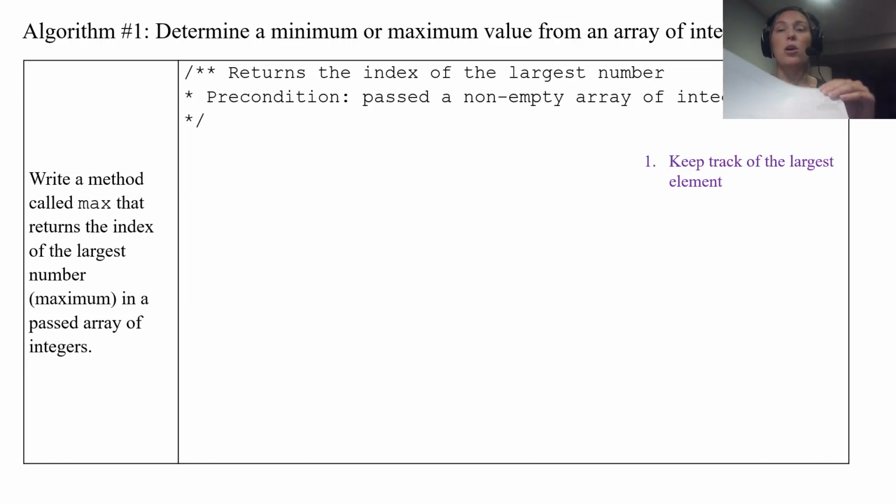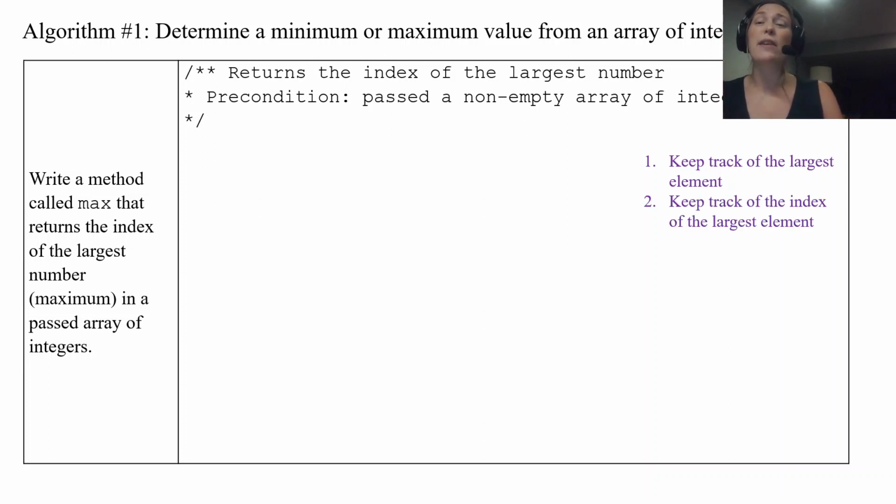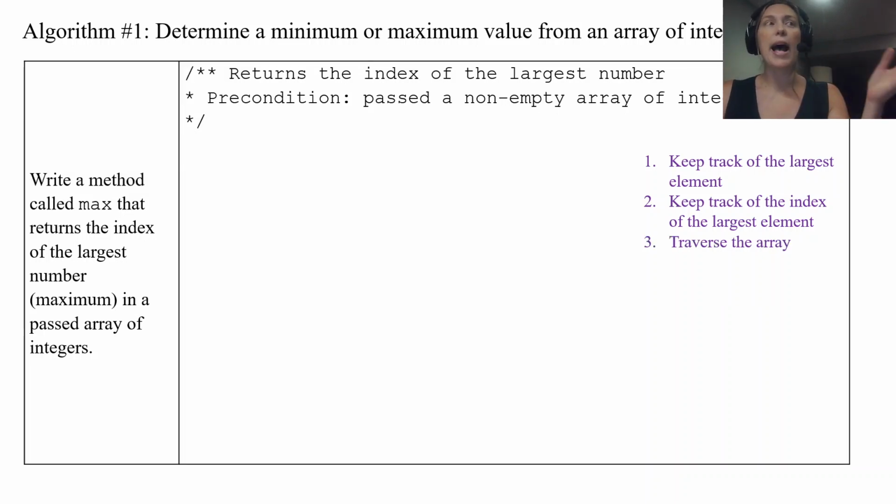So what do we want to do? Let's start off with not pseudocode necessarily, but just the steps that we have to do. First, we want to keep track of the largest element, and we also need to keep track of the index of the largest element. So we need to keep track of those two things in this method. Once we have variables to keep track of those two things, then we want to traverse the array.